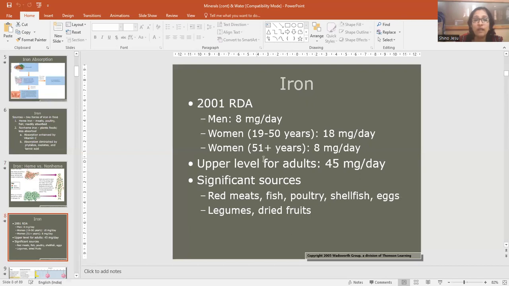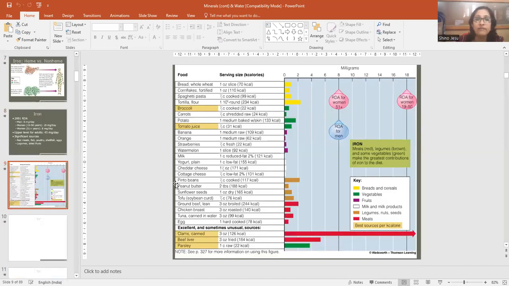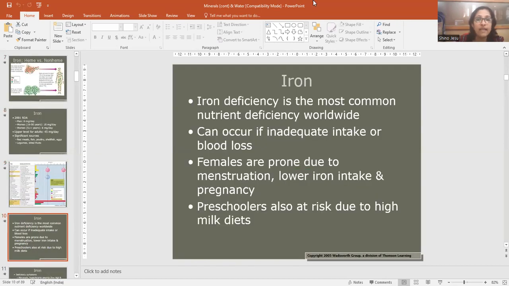The upper level for adults is 45 milligrams per day, and significant sources include red meat, fish, poultry, shellfish, eggs, legumes, and dried fruit. Iron deficiency is the most common nutrient deficiency worldwide, and it can occur with inadequate intake or blood loss. Females are prone due to menstruation, lower iron intake, and pregnancy, and preschoolers are also at risk due to high milk diets.